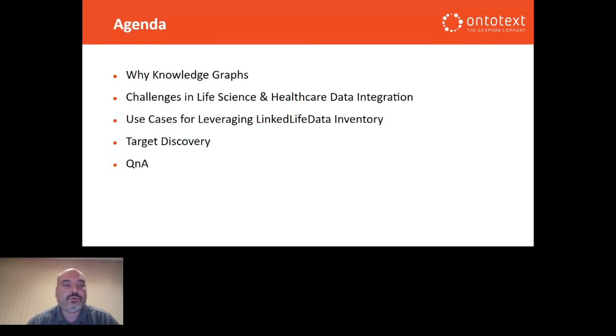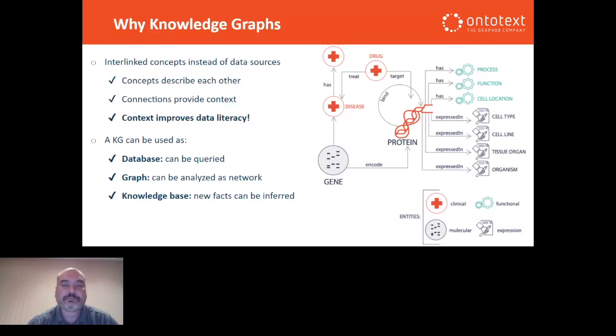Then we'll go to some specific use cases that we have implemented on top of LinkedLifeData inventory, with a special focus on one of our products named Target Discovery, which will be covered by my colleague Martina later on. And then we have a quick Q&A session at the end.